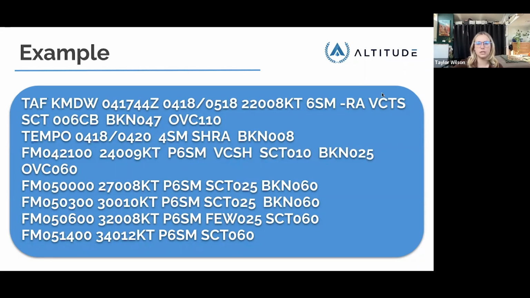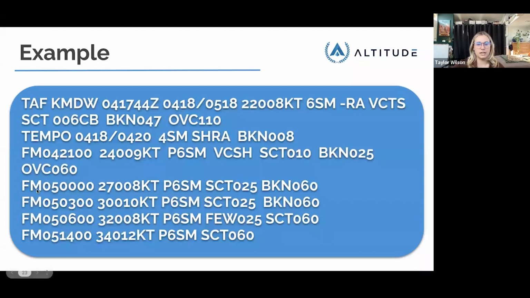So you can see it written either way. Scattered clouds at 1,000, broken at 2,500, and overcast at 6,000. Between these 3 clouds, our lowest ceiling would be the broken layer at 2,500, because both broken and overcast constitute ceilings, and the few and scattered do not.